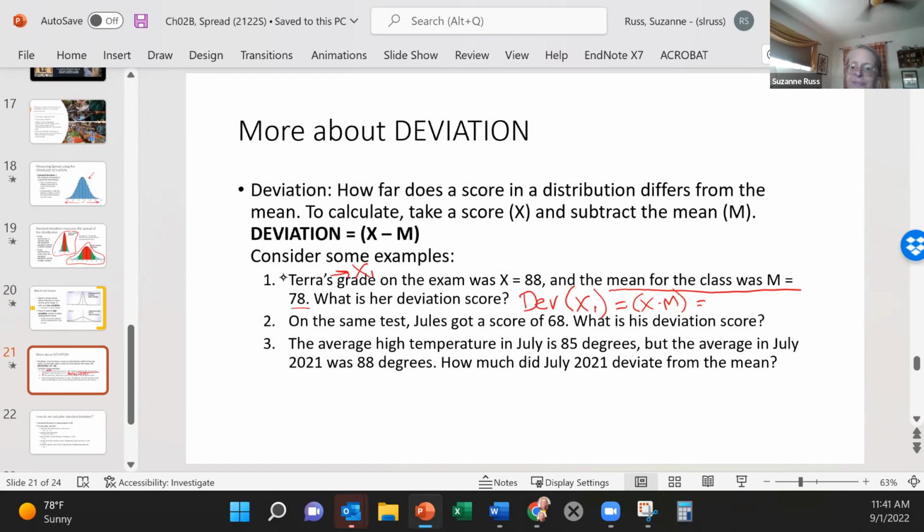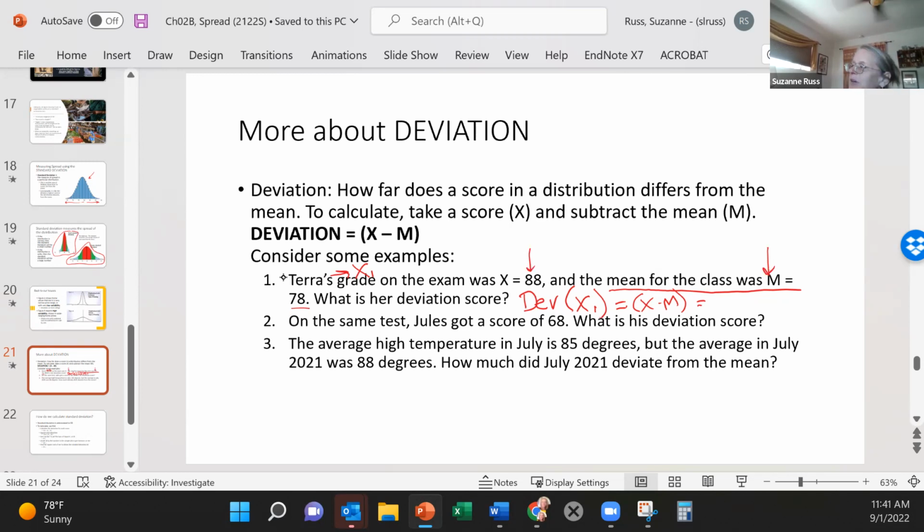Yes, Shannon. Very good, Sean. Tara's deviation score formula is simply x minus m. We can see x and we can see m. Thanks, Rafina.